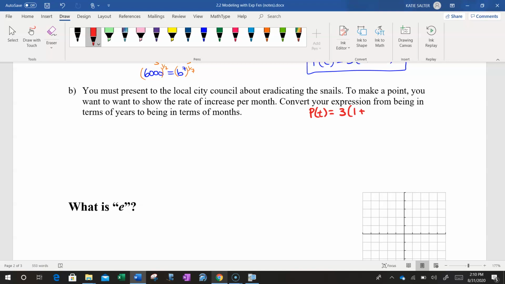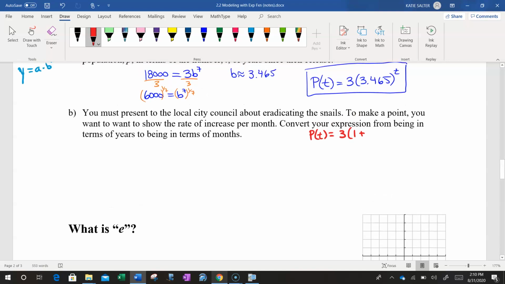So if it was 3.465, it's now going to be 1 plus 2.465 raised to the t, where we know that our compound formula would have been 3 times 1 plus r over n. And remember, it wants to know the increase per month, so that's r over 12 raised to the 12t. Going back to that formula that we've just learned.